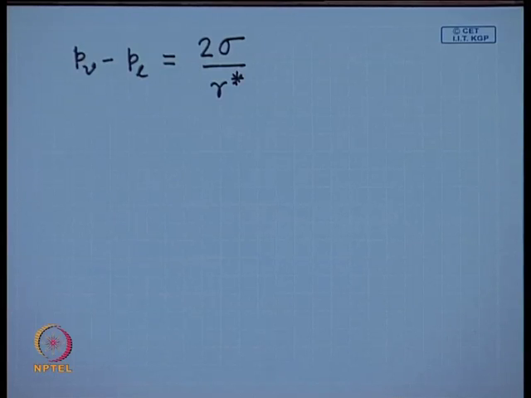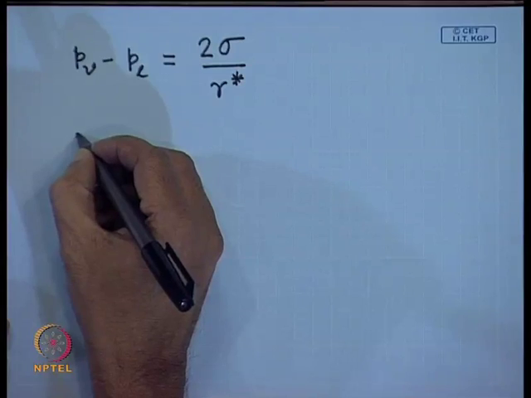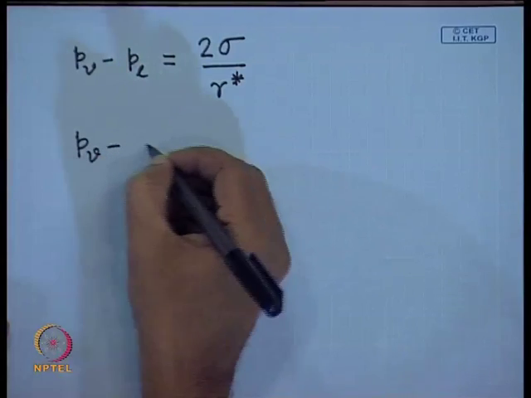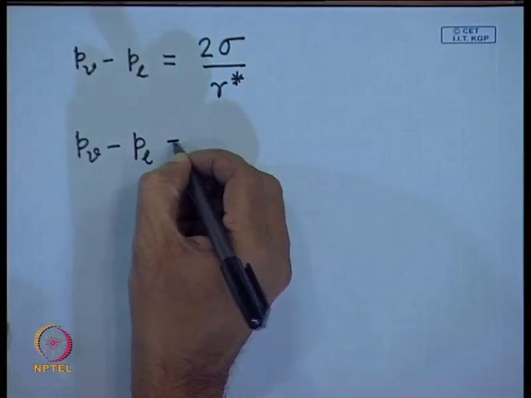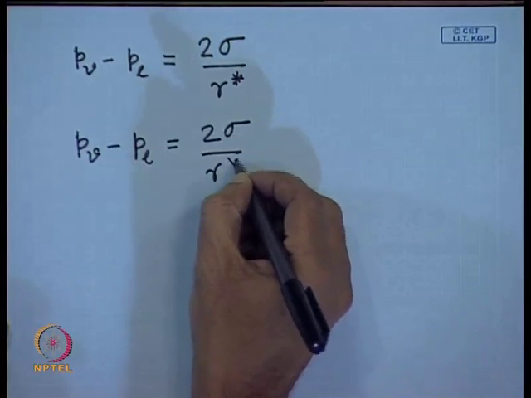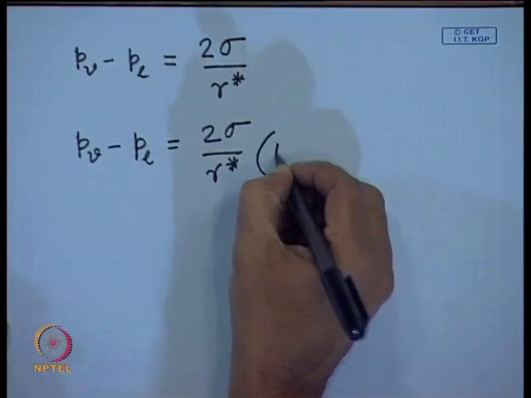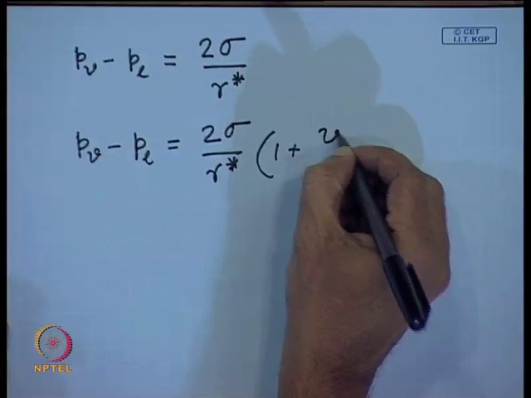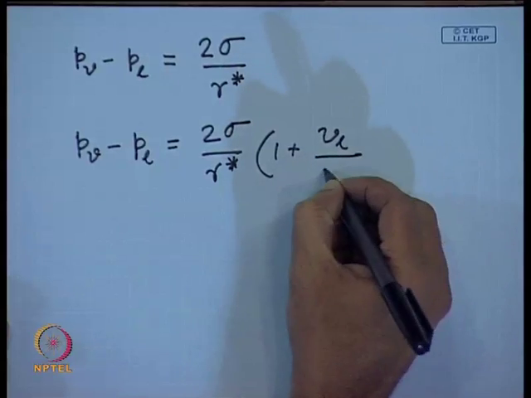Now, you see, it is not a plane surface. So, if there is a curvature effect, some people have suggested some correction to this. So, this can be corrected something like this: P v minus P L is equal to 2 sigma by r star times 1 plus V L by V v.